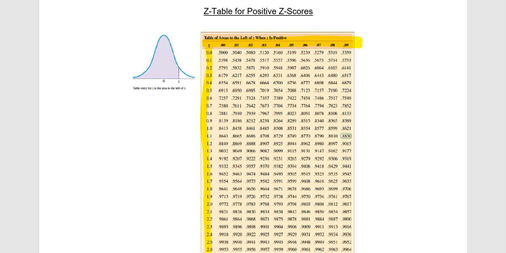And you can see here in this diagram, everything to the left is shaded in. So what you should expect is that all of these values inside of here should be greater than 0.5, because everything greater than a z-score of 0 is going to have an area to the left of it greater than 50%, because 50% of the area is going to be shaded in.